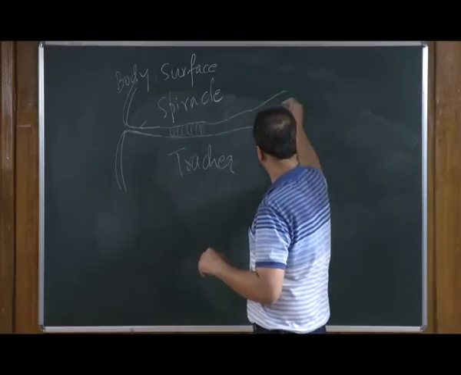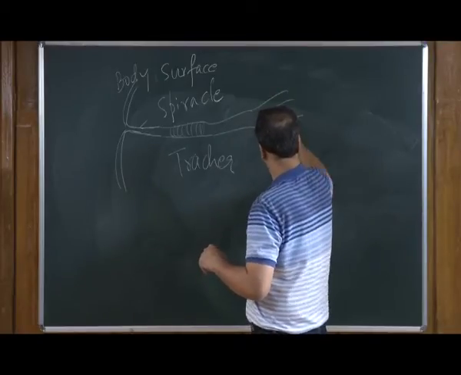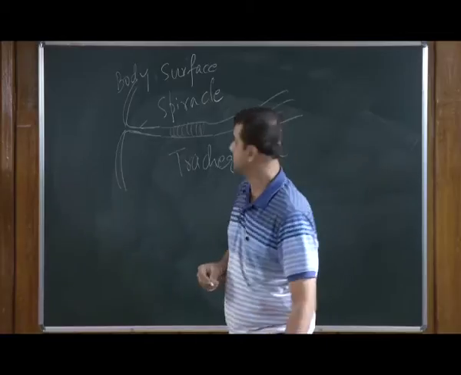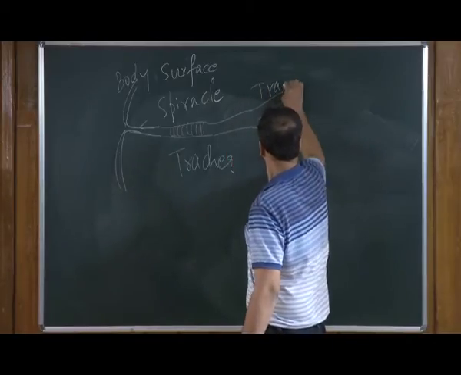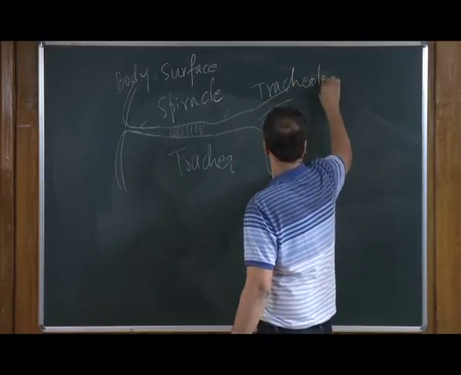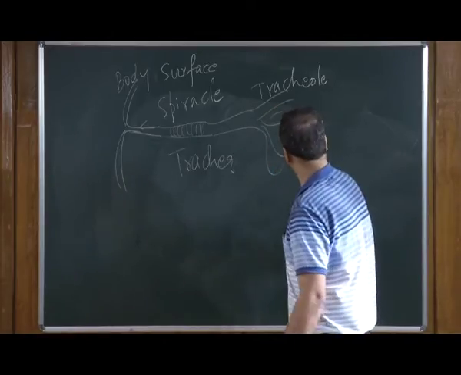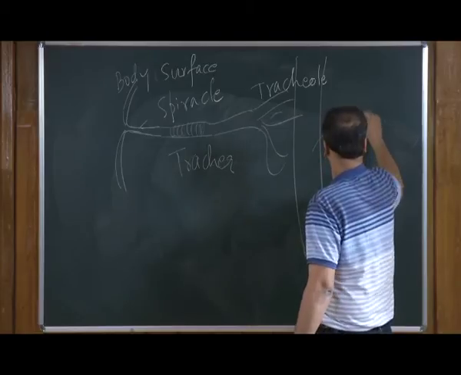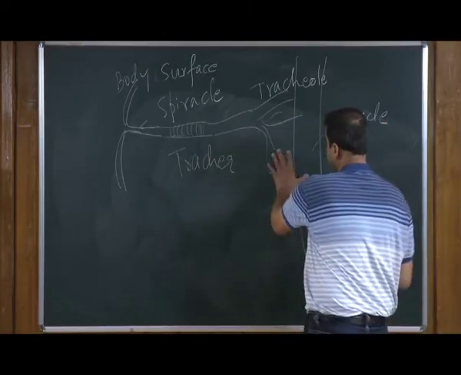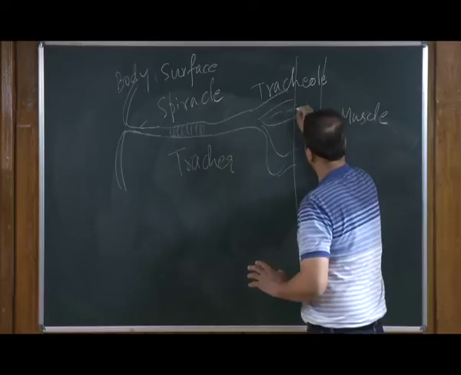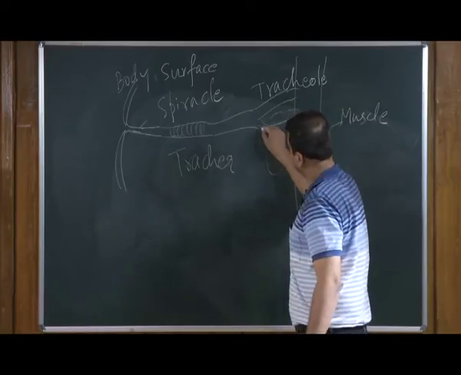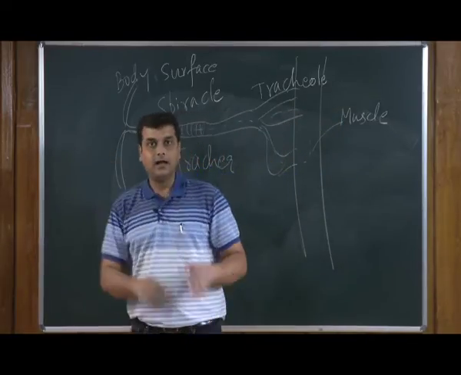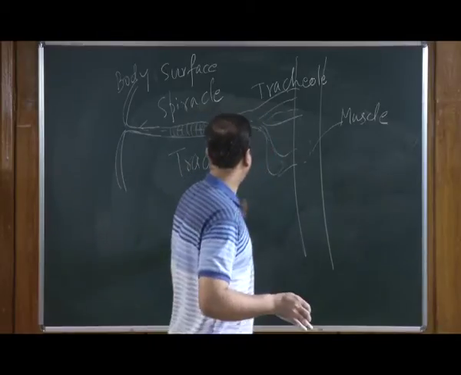We are not calling it an actual trachea, but we are simply calling them tracheoles. So, this tracheole is what reaches the ultimate muscle. So, here the things are getting exchanged from the muscle level directly. From the muscle, the things are directly transferred and exchanges are happening here.